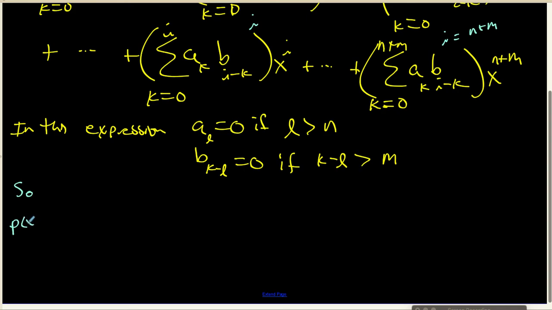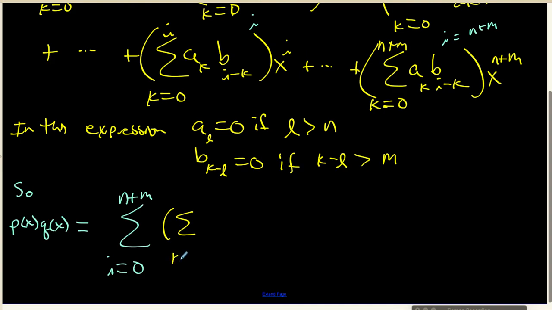We can write P times Q as the sum as I goes from 0 to n plus m of the sum as k goes from 0 to I of a_k b sub I minus k times x to the I. And it may help to put some brackets around here to realize that we are summing on this particular thing times x to the I.